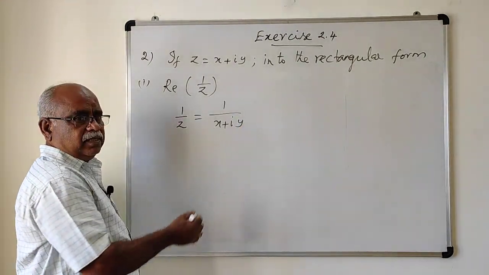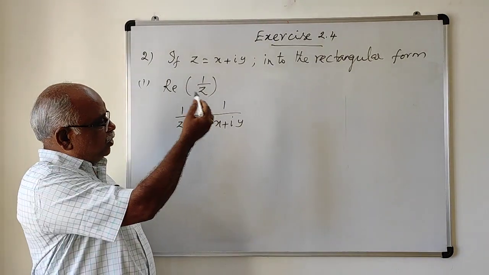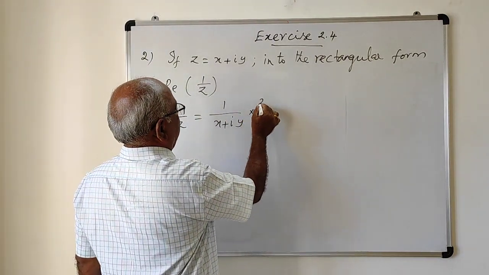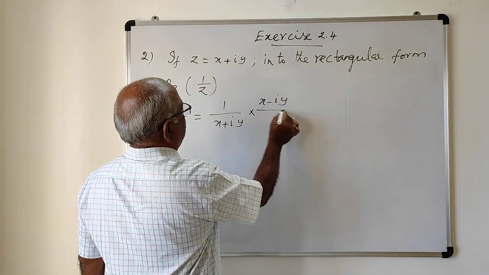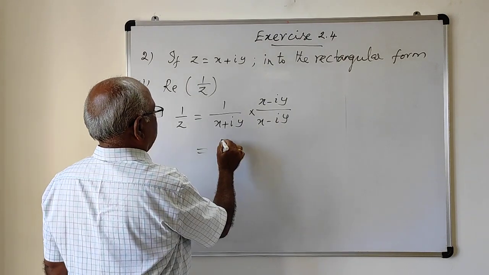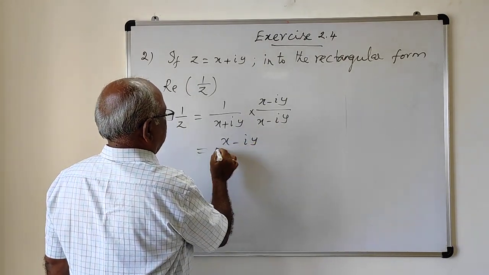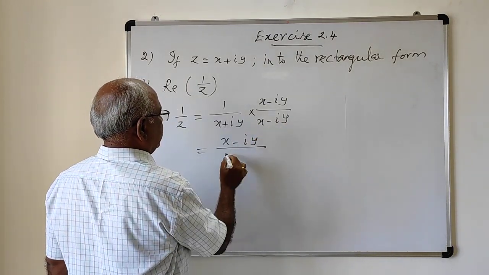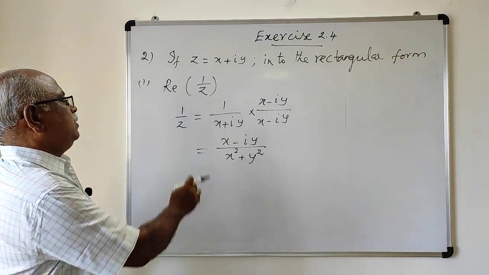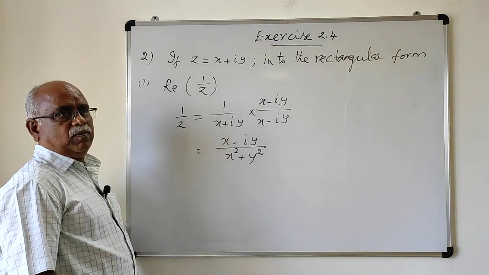To convert this, you multiply numerator and denominator by x minus iy, the conjugate of the denominator. That is equal to x minus iy by a plus ib into a minus ib is a square plus b square. x plus iy into x minus iy is x square plus y square.